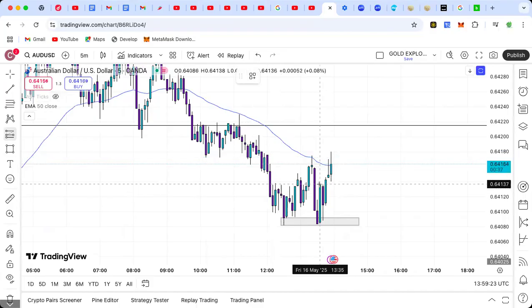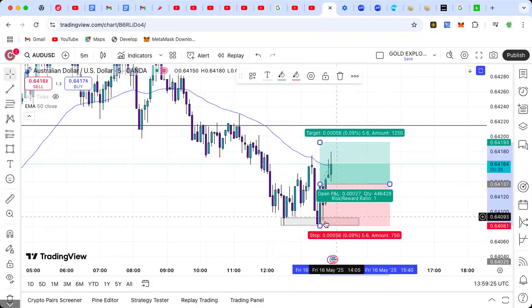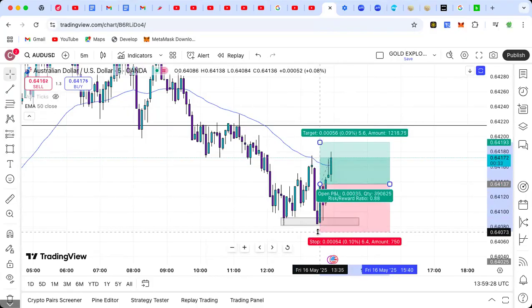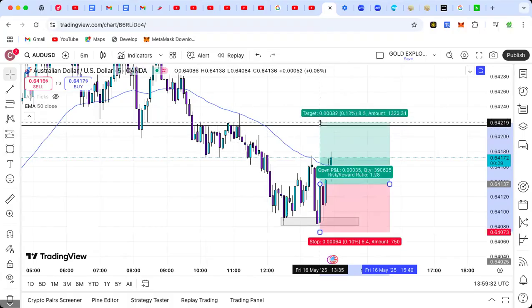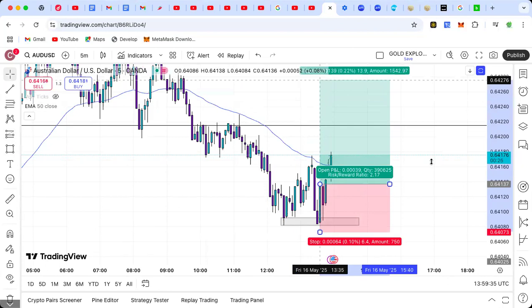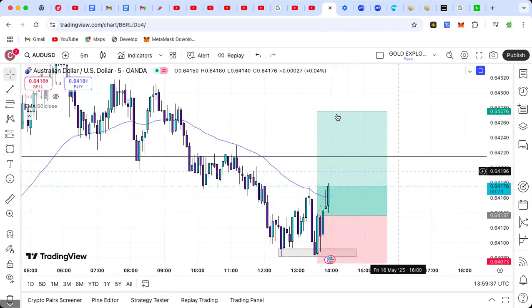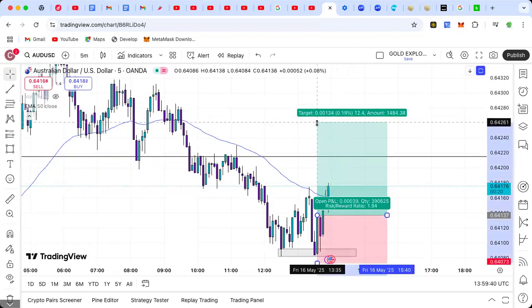Me, I'm not going to enter because, number one, it's the weekend. Your stop loss is below this point, and your take profit is 1:2. Sometimes you are looking at this resistance, however it's not up to 1:2 yet. It's about 1:1, so 1:2 should be somewhere here.